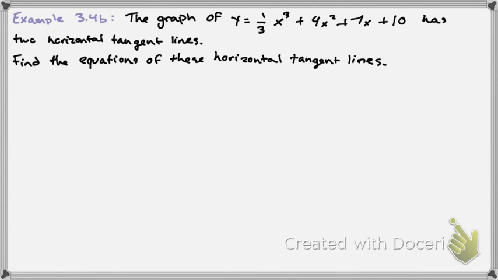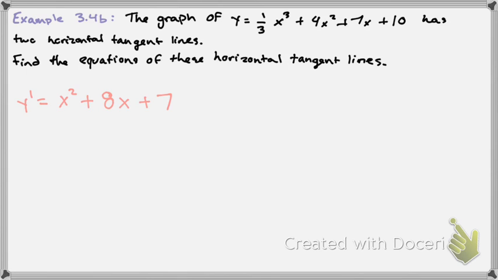So let's first start by taking the derivative of this function. y prime, or the derivative, equals, well, let's see, 3 times 1/3 is going to be 1, so it's just going to be x squared, plus 2 times 4 is 8 times x, plus 1 times 7 is 7 times x to the 0, which is just 1.